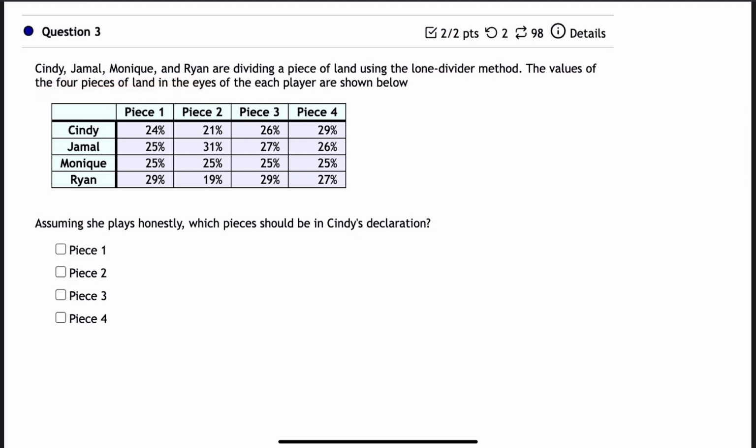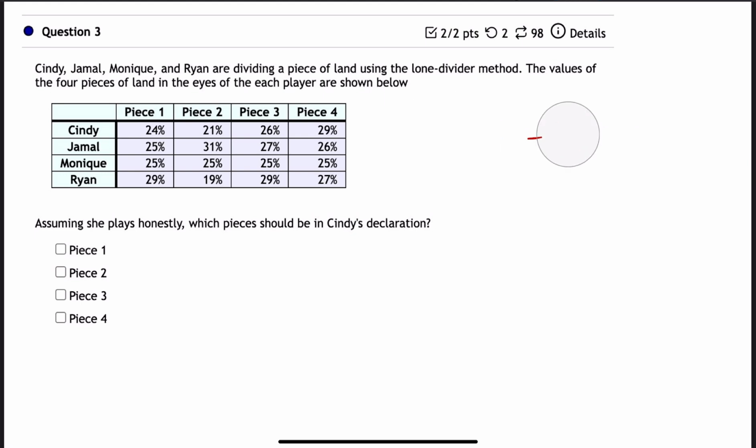Well, there are 4 people. And if we think about the land being 100%, and we want to divide that into 4 people, each person is going to get 25%, or their value of the piece of land should be 25% if the land is divided into what they view as being equal shares.